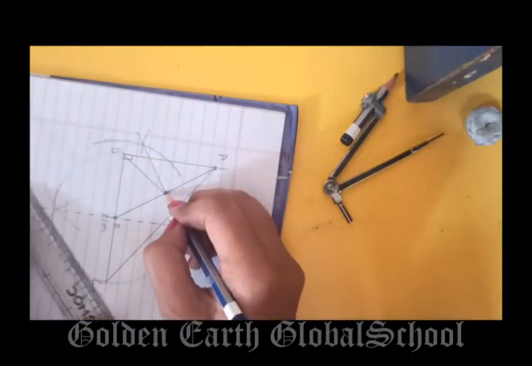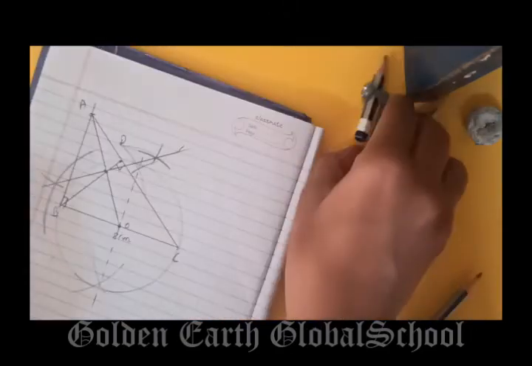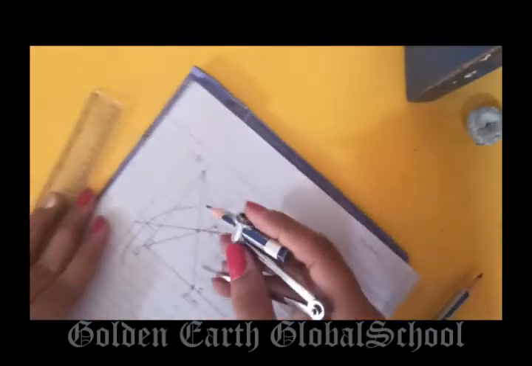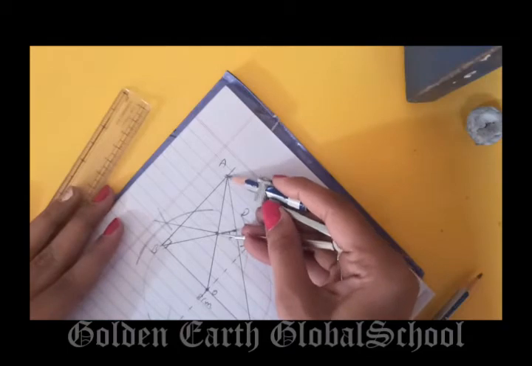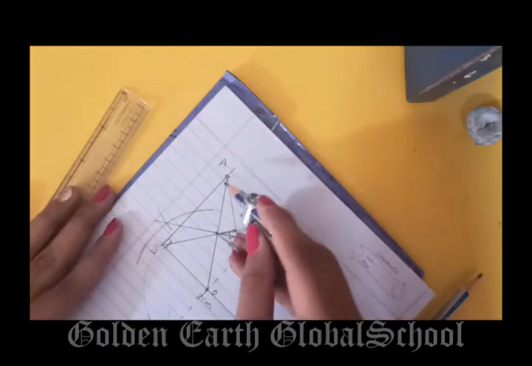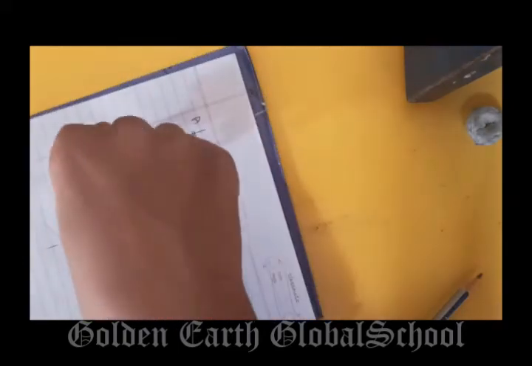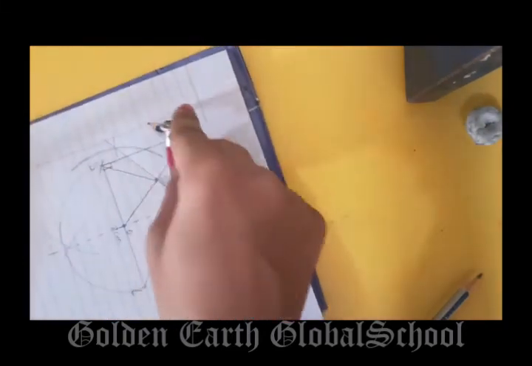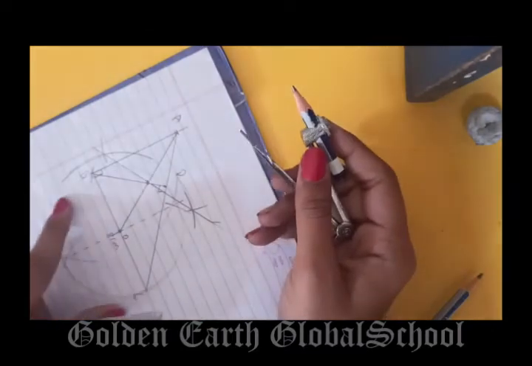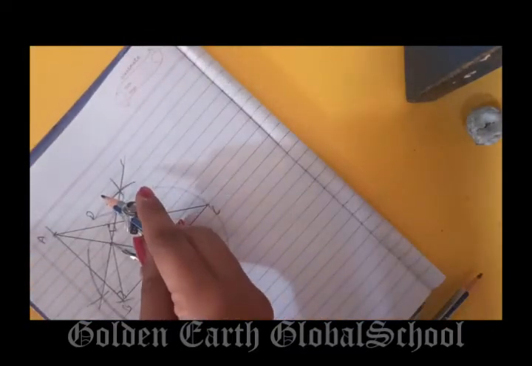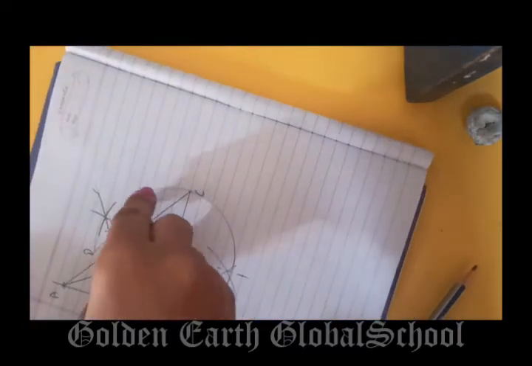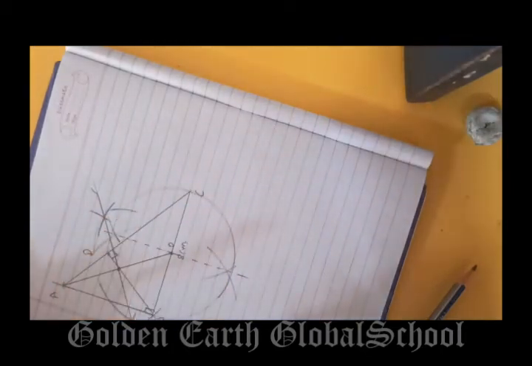This is the point. From this point, open it to the point A with this length, and then from this point make two arcs on this circle. First it intersects at point B because AB is the tangent. Second, on this side, it cuts the circle.